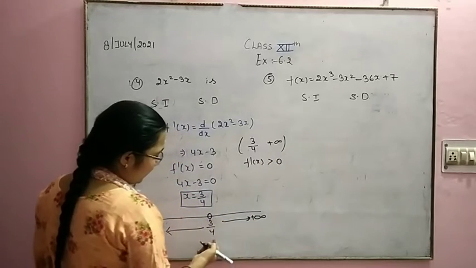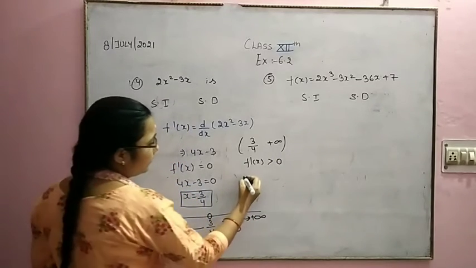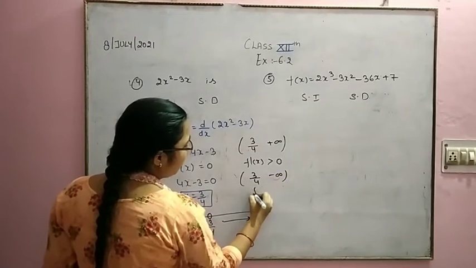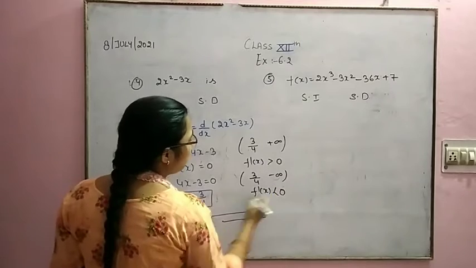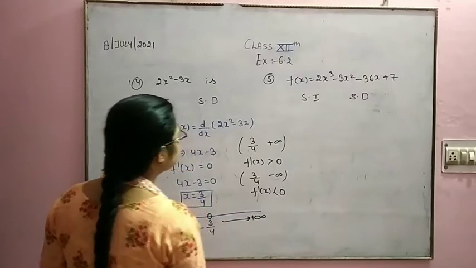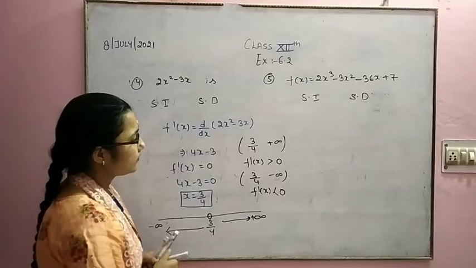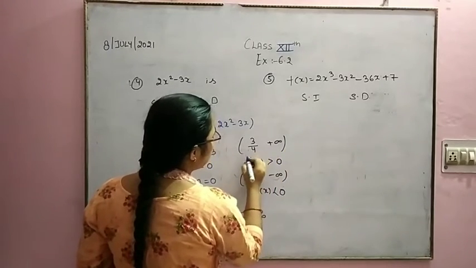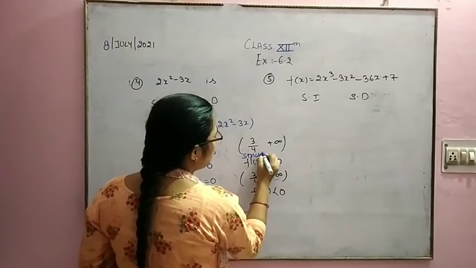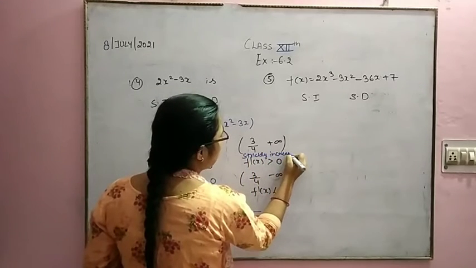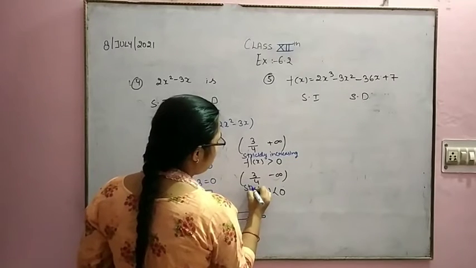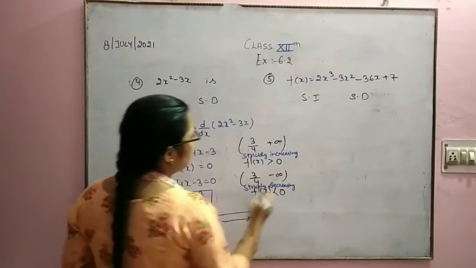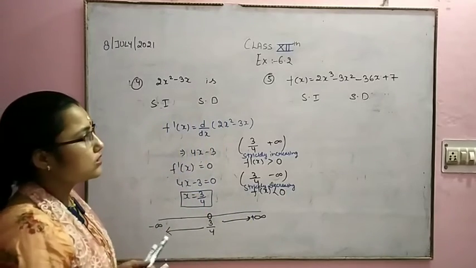Similarly, going to the left side, for 3/4 to minus infinity, we get f dash x less than 0. Correct? Strictly increasing. So this is the interval for strictly increasing, and this is the interval for strictly decreasing. Correct?